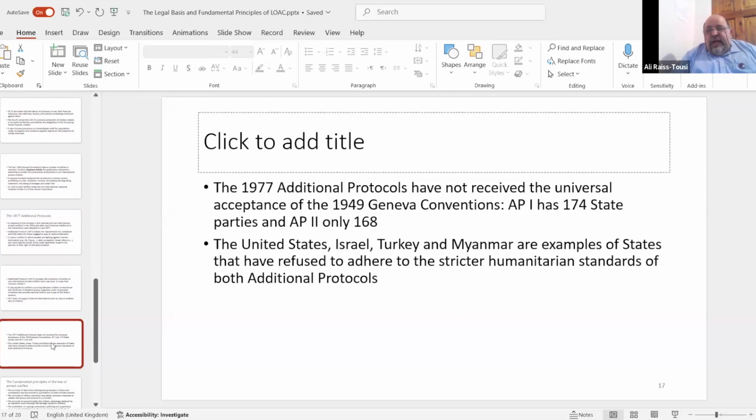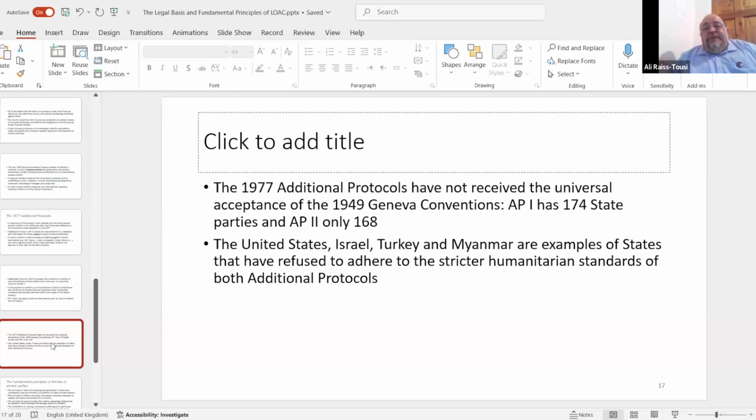Additional protocol 1 has 174 states that are parties to it have accepted the treaty, and the additional protocol number 2, 168 states only. Given that there are roughly 197 states on Earth, we have a large number who have refused to accept the rights and the necessary obligations that go with those rights.